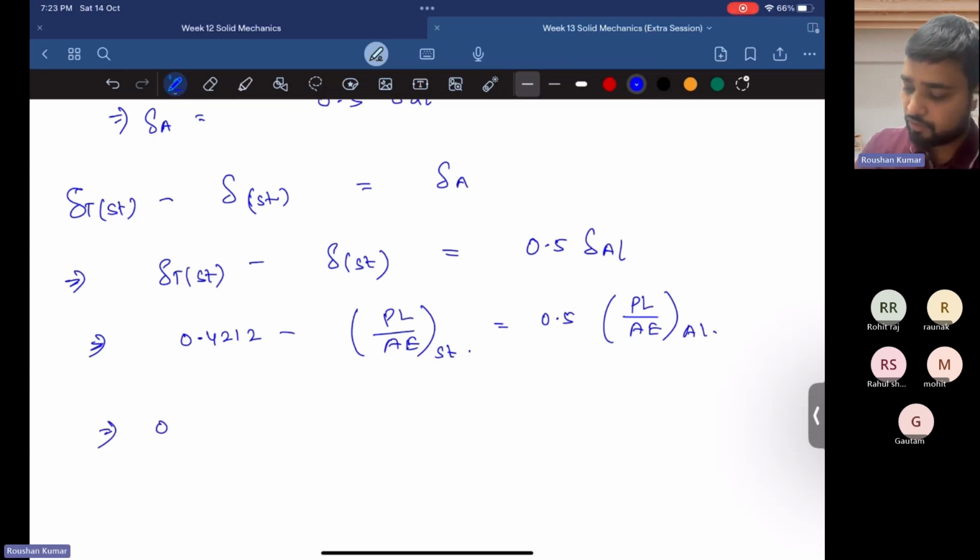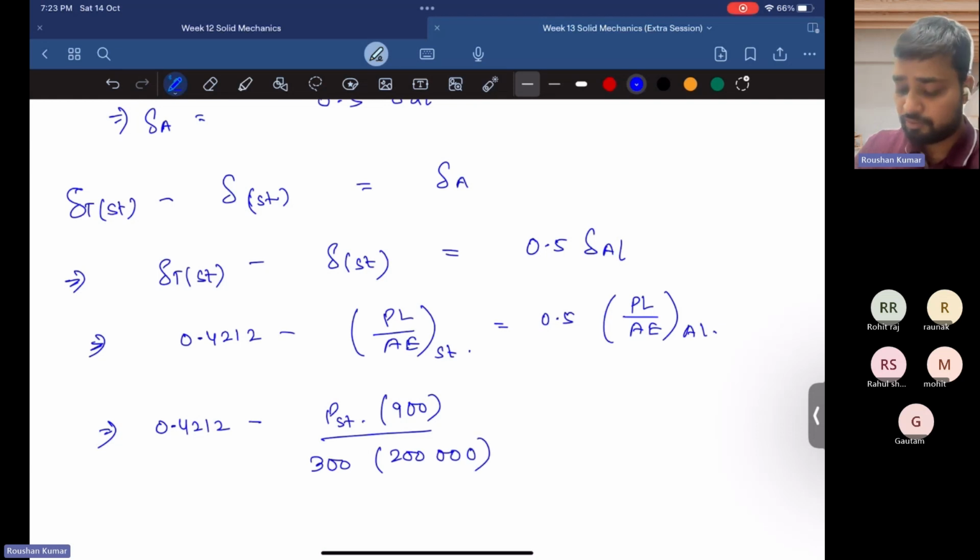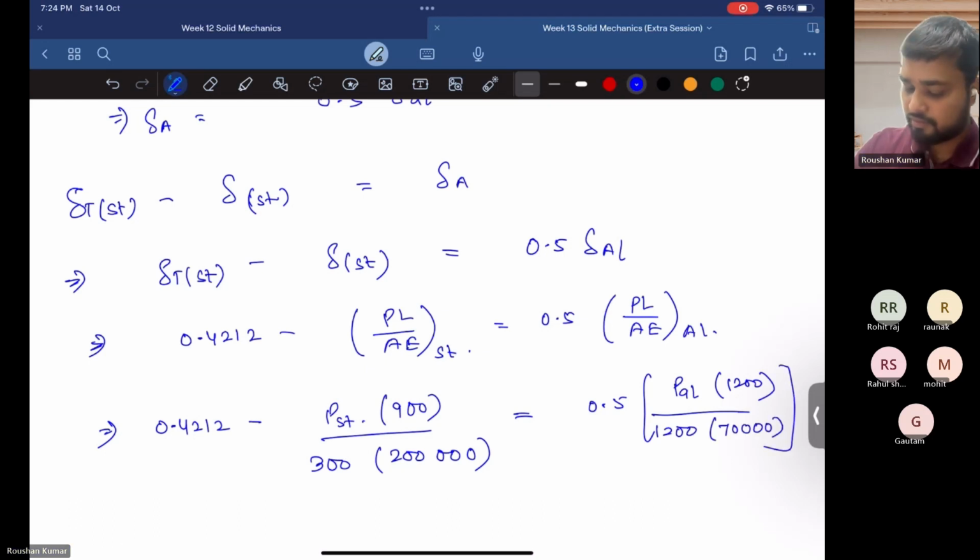That is 0.4212 minus P of the steel, length of the steel bar is 900 mm upon 300 of the area and 200 gigapascal, that is 200 into 10 to the power 3 megapascal, equal to 0.5 into P of the aluminum into 1200 upon 1200 into 70 gigapascal, 20,000.